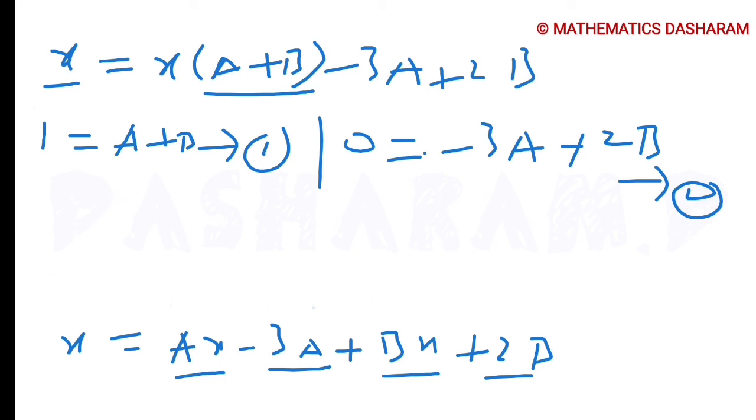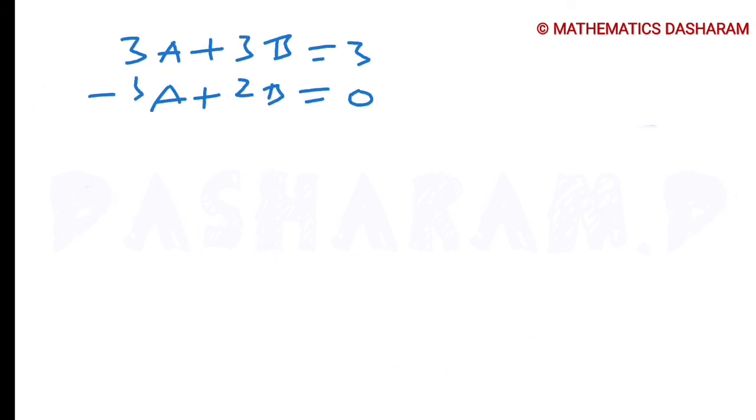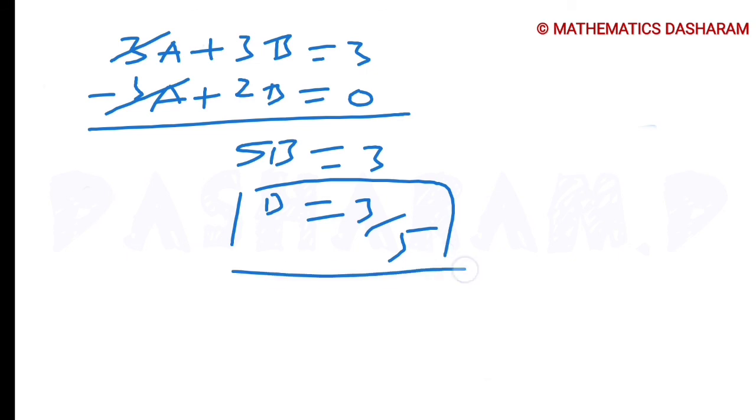Use the elimination method. So that is why equation 1 multiply with 3. So then 3 equals 3a plus 3b, equation 3. So here plus 3a minus 3a cancel, 3b plus 2b is 5b, and 3 plus 0 is 3, and b equals 3 by 5. Substitute b equals 3 by 5 in any equation. So I am substituting in minus 3a plus 2b equals 0.